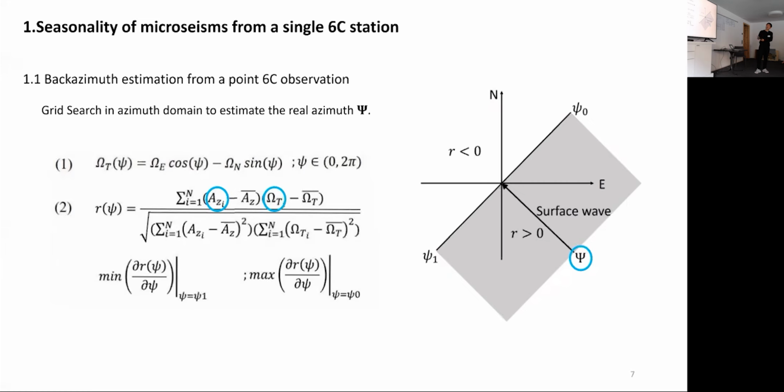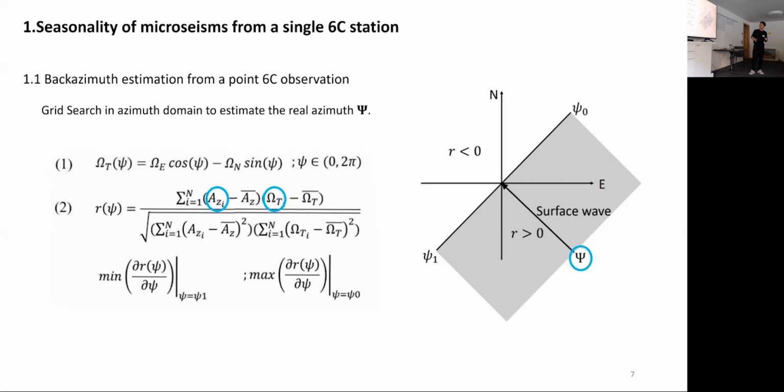The basic idea is to calculate the correlation coefficient between the translation and the rotation, and we do a grid search in the back-azimuth domain. We find two parts: the first is the negative part of the correlation coefficient, and the other is the positive part.